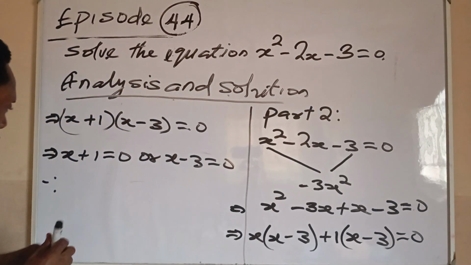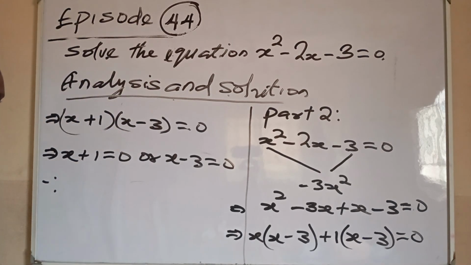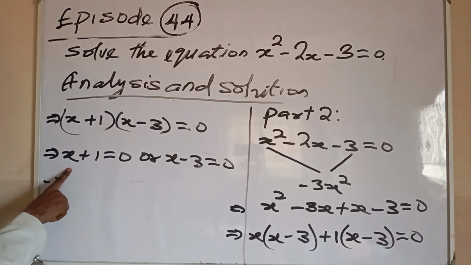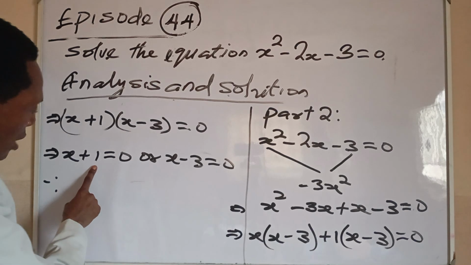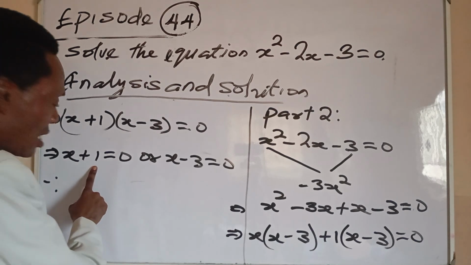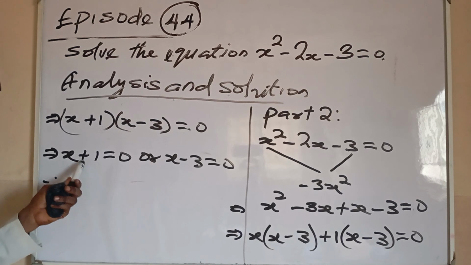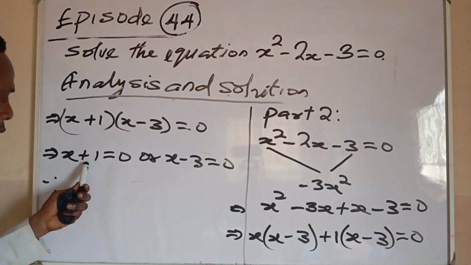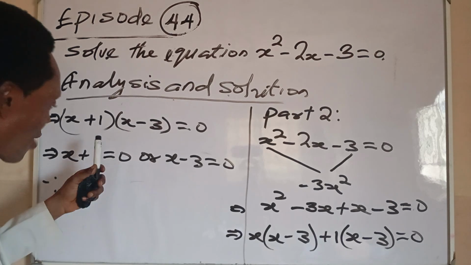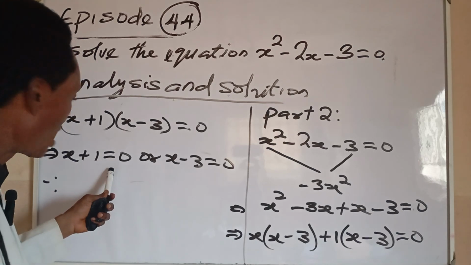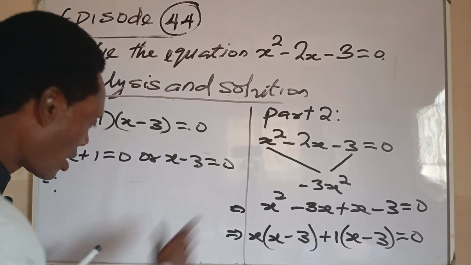The first one, which is s plus 1 equals 0, you are looking for s here. You have to transpose 1 from the left hand side to the right hand side. Automatically the sign it possesses here, which is positive, will be replaced by negative when it crosses the sign of equality to the right hand side.